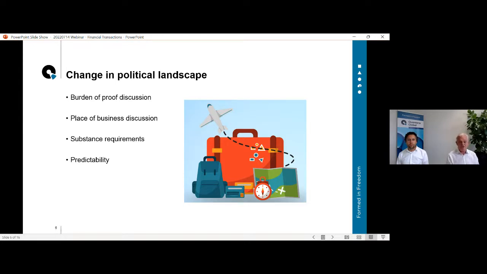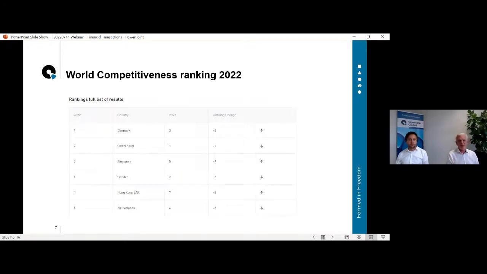We just had a discussion on Article 8C on intermediary financial entities. Is that still possible, and to what extent? As an example of what's happening. Okay, we'll not go into what there is, but I think the most important item there is predictability. Today I read an article in the financial papers in the Netherlands that the Netherlands, and maybe we can go to the next slide, is still ranking 6th.